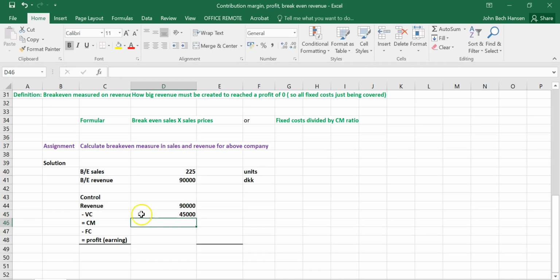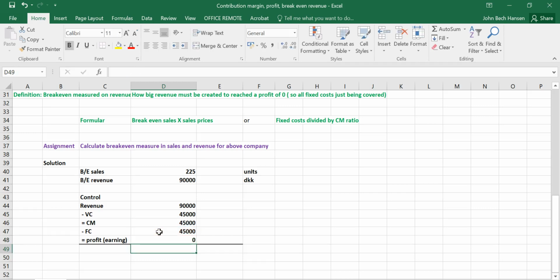Okay, and now again we can calculate the contribution margin, and that is the revenue less the variable cost. And here we can already see that we will in fact reach 0 in profit.